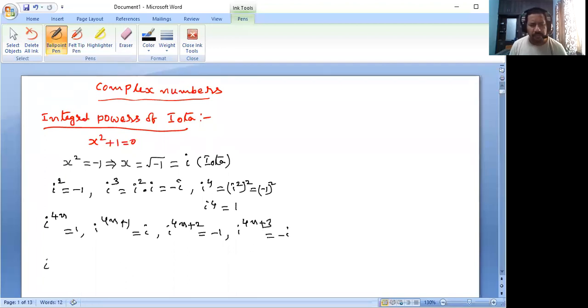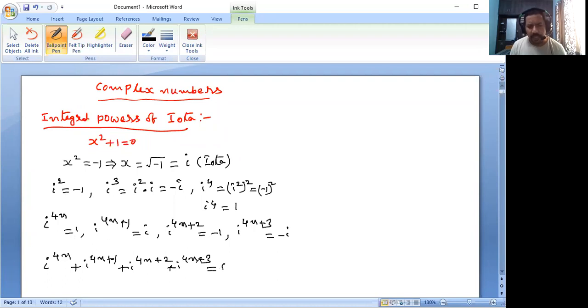Finally, i power 4n plus i power 4n plus 1 plus i power 4n plus 2 plus i power 4n plus 3, that value is how much? 1 plus i minus 1 plus minus i.